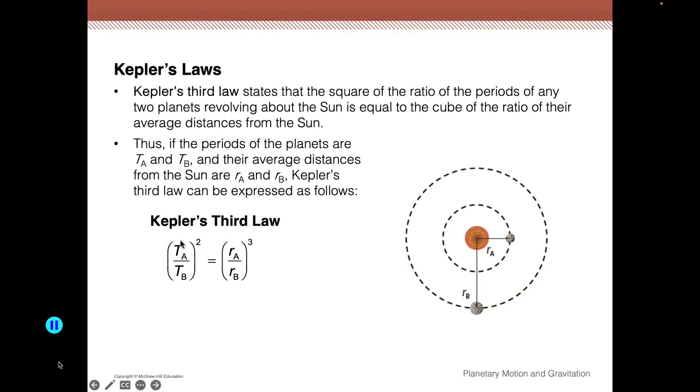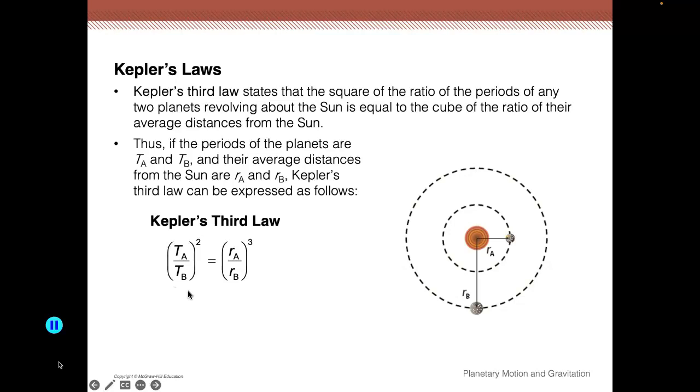So this one has an equation. It's just stating that the ratio between the periods of two planets squared is equal to the radius of each of those planets, the distance from them to the sun, cubed.